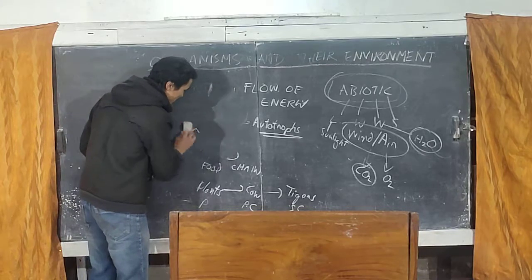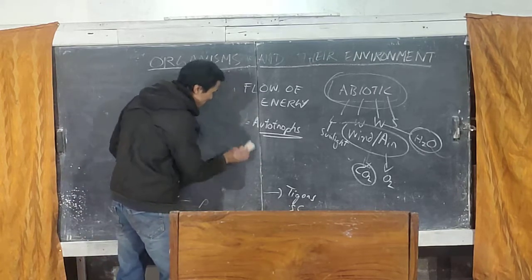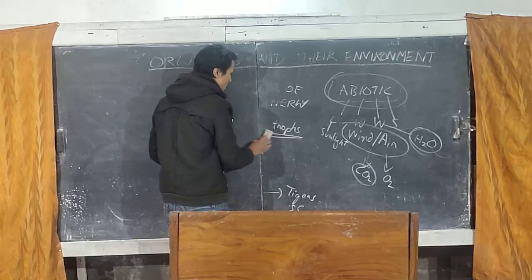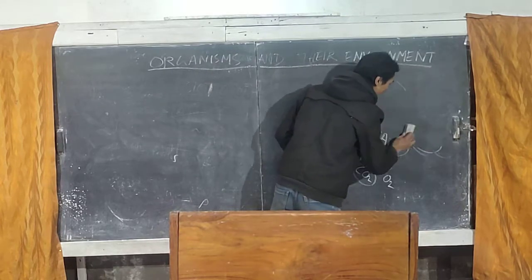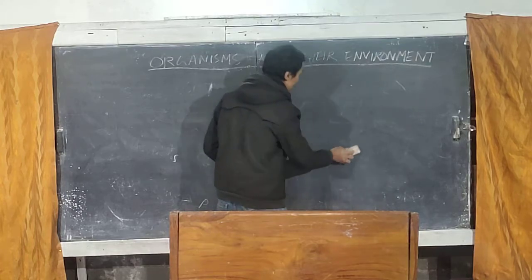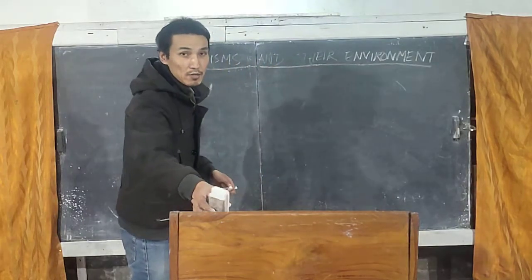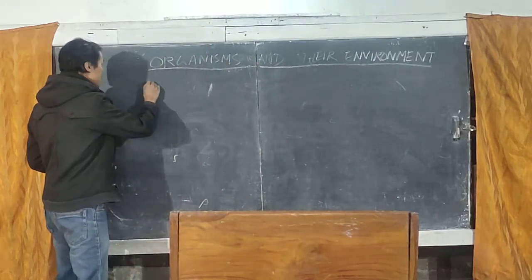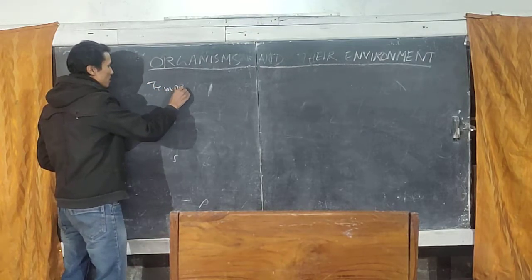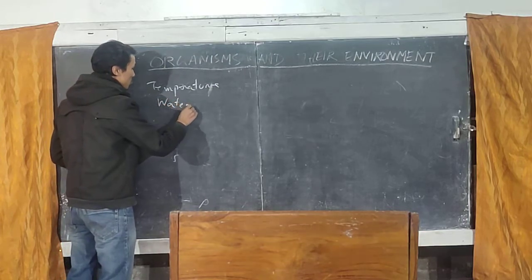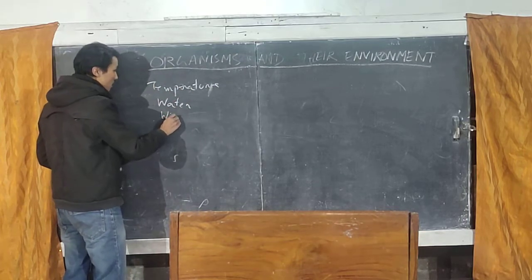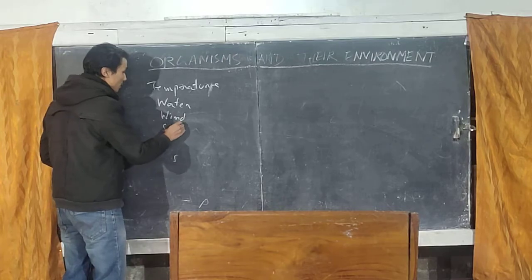In these chapters what we'll discuss is how plants and animals cope with the changing environmental conditions. I already told you the different abiotic factors of the environment, such as temperature, water, wind and soil.